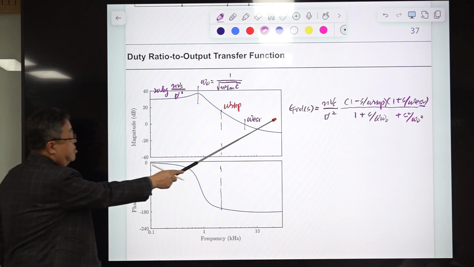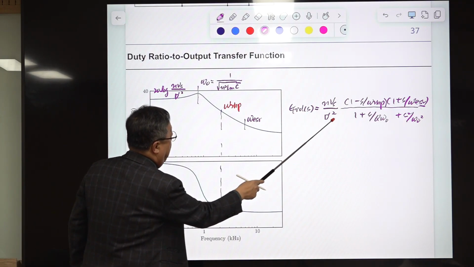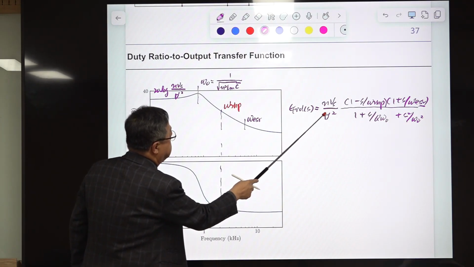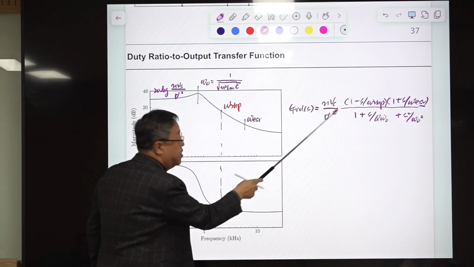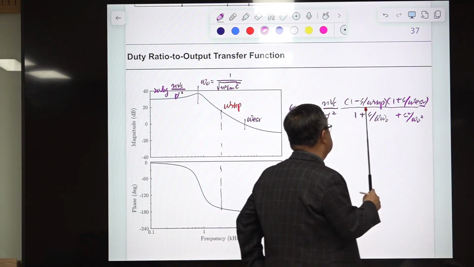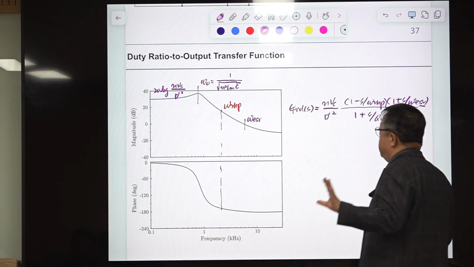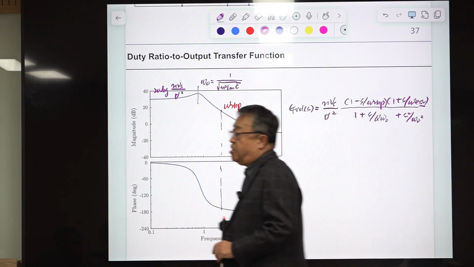This is the expression for the duty ratio to output transfer function. This is the DC gain. For the buck-boost converter, you have this, but you have N because there is a transformer in front. And this is the RHP zero. Boost and buck-boost converters have an RHP zero, so the flyback converter has an RHP zero because the flyback is derived from the buck-boost converter, and this is the ESR zero, and this is the standard second order term.